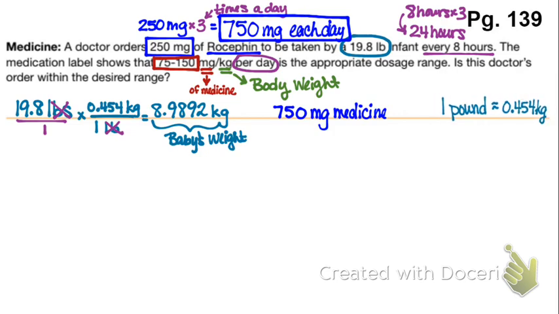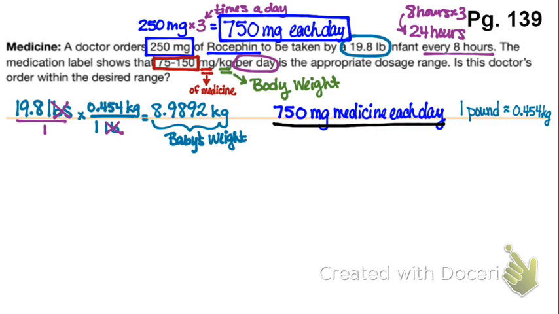We're going to divide that by the baby's weight, measured in kilograms now, because it wouldn't make any sense to divide it by pounds. That wouldn't give me the right way to compare it. 8.9892 kilogram baby.